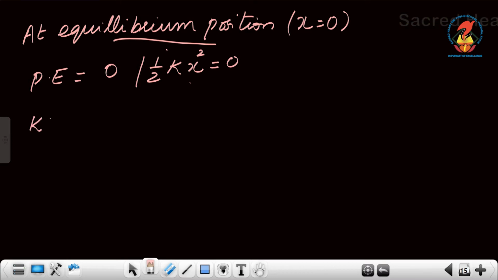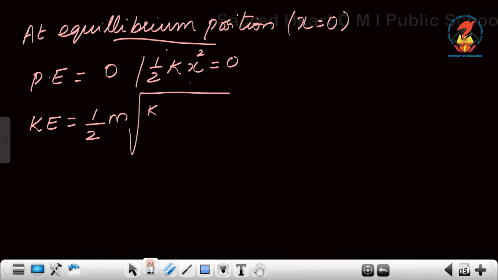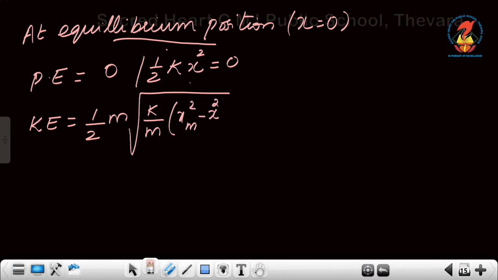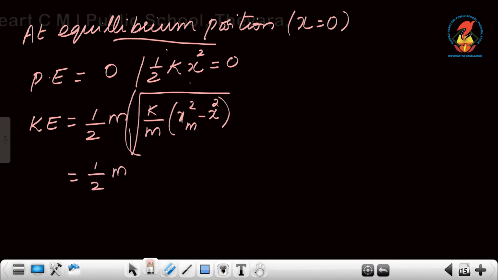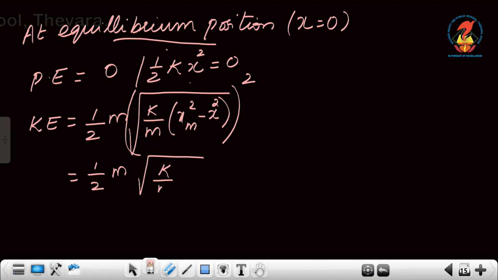And kinetic energy, general equation is half m v square. Instead of v square, what must we write? k by m into xm square minus x square. And in our case, x is equal to 0, so we get half m into k by m into xm square, since x is equal to 0 at equilibrium position.